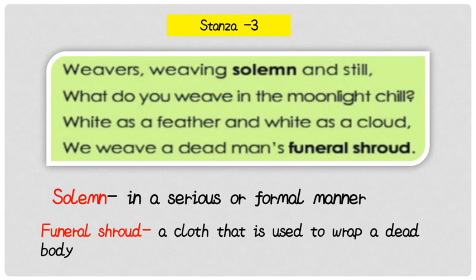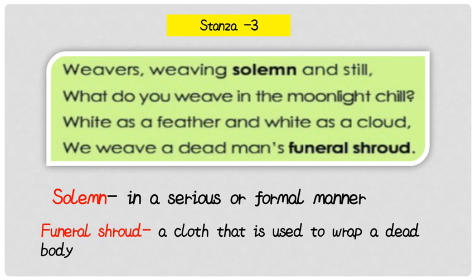Okay, so dear children, now your task. Whatever words I explained here, you write in your book in the given space with their meaning. And this time I will give a new task.